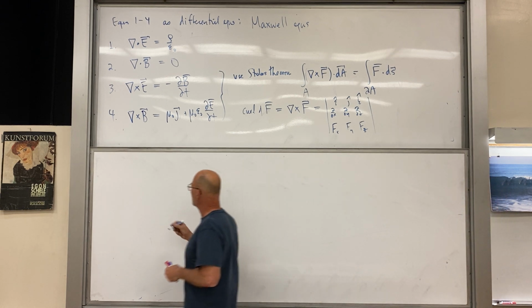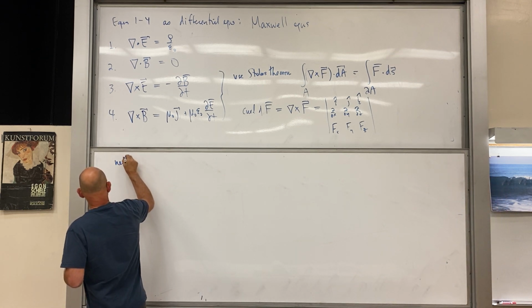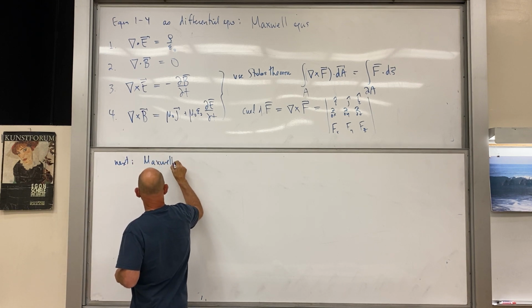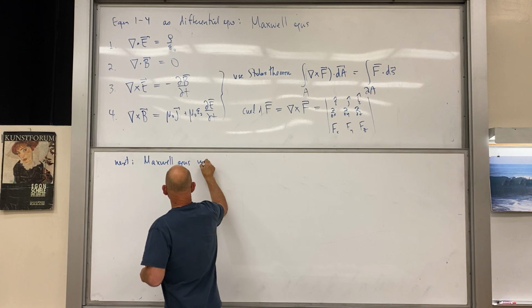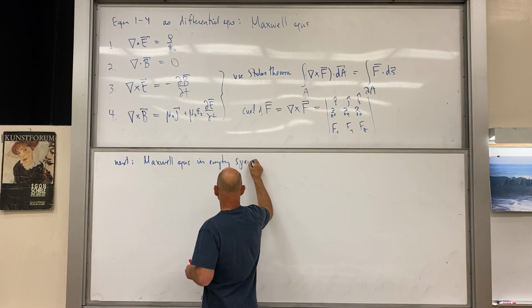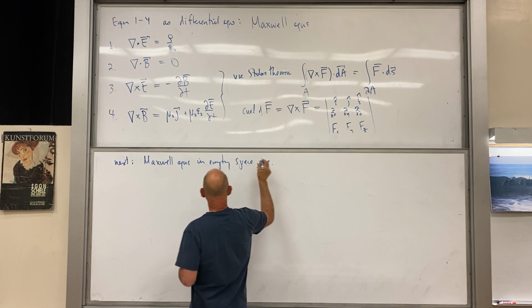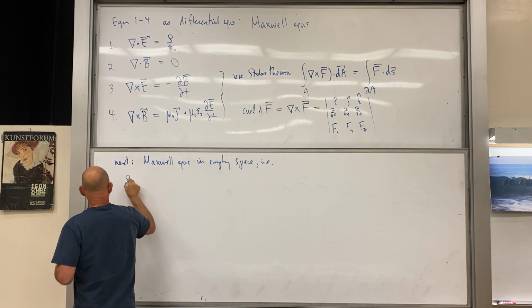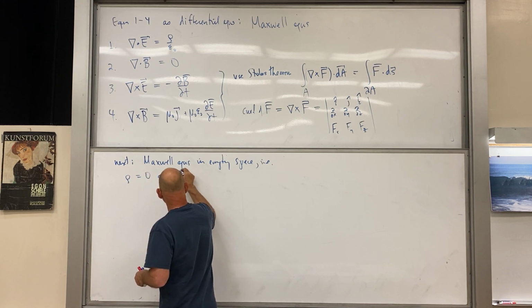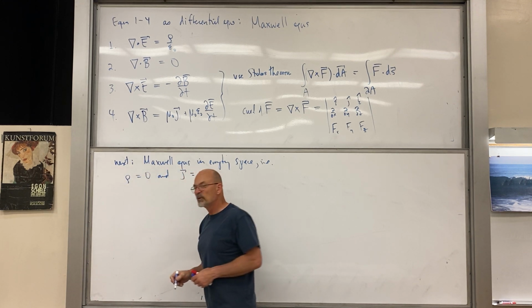So next, Maxwell equations in empty space. And that means that rho is equal to 0, so there's no charge, and J is equal to 0, so there's no current.